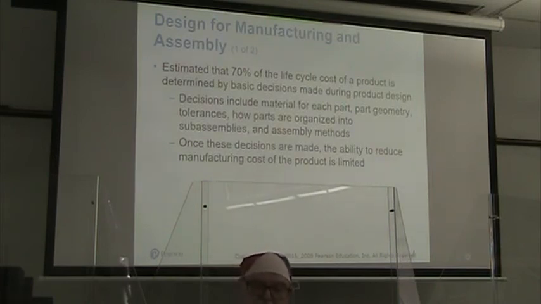So those decisions could be materials for each part, the part geometry, the tolerances, how the parts are organized into sub-assemblies and assembly methods. Once all of these decisions have been made, though, our ability to reduce the manufacturing cost becomes very limited.